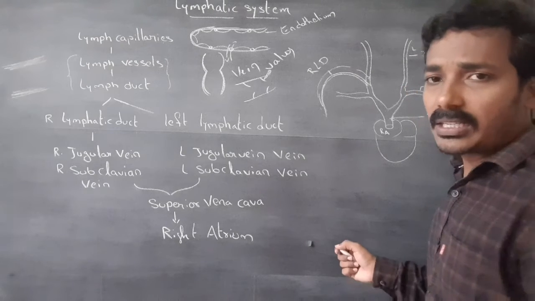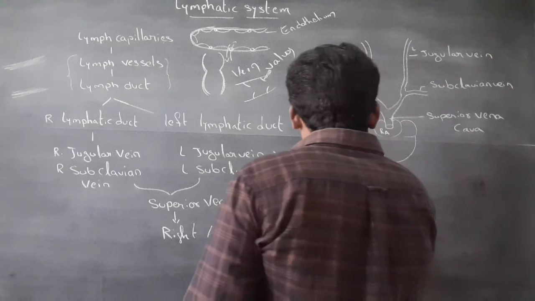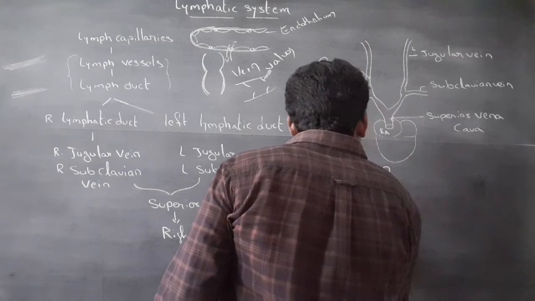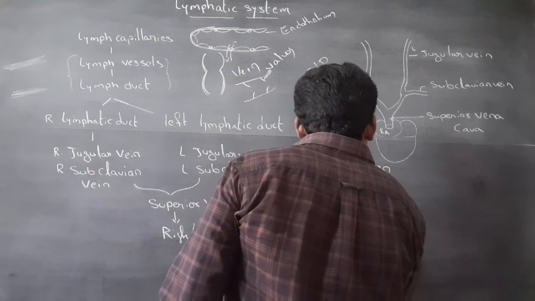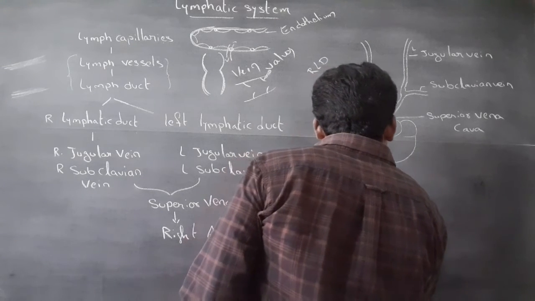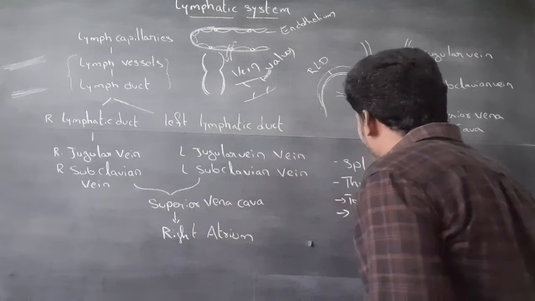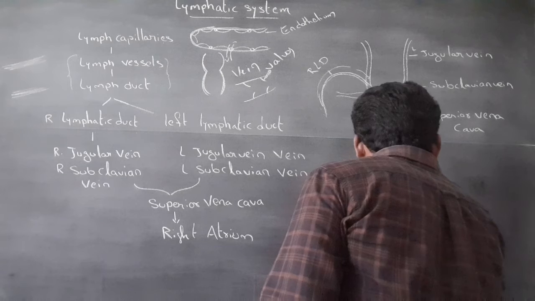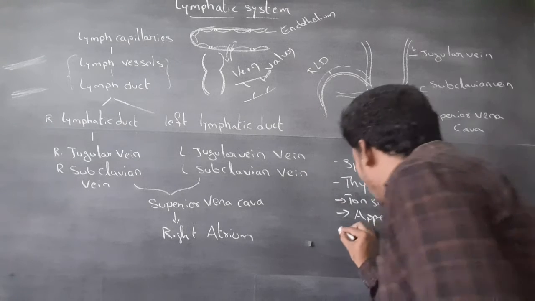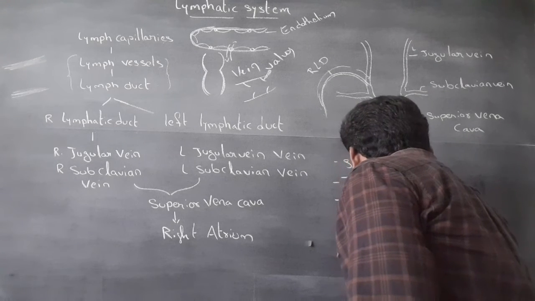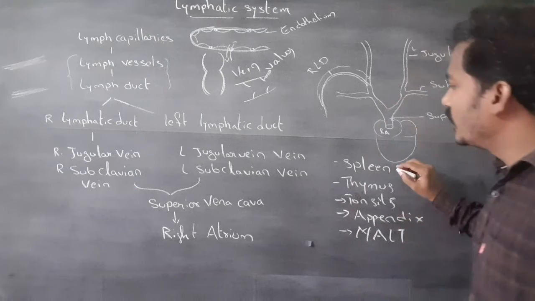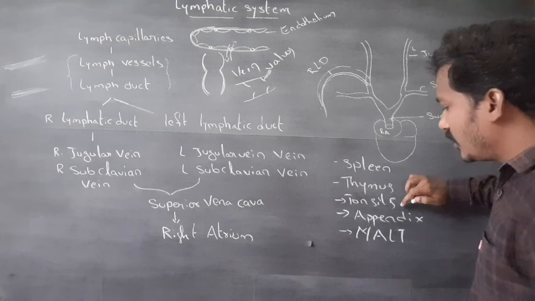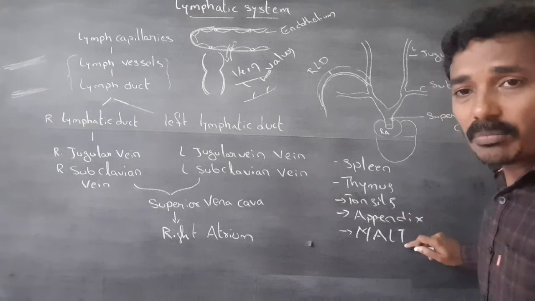These lymphoid organs are spleen, thymus, tonsils, appendix, and MALT.